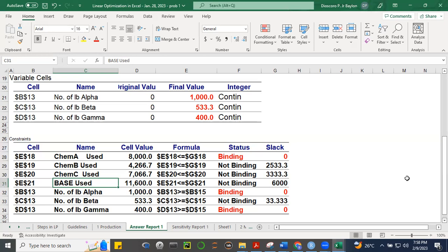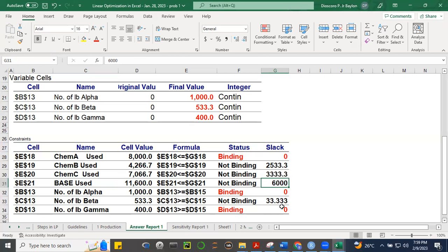So you might, in your suggestion, provide that reason. Okay, but of course may basis, hindi lang bibili ng 1,000 ounces ng base when in fact glaring at our face is the fact that this is a non-binding constraint with a slack of 6,000. In this case, yung mga slack dito as far as these chemicals are concerned, ito yung mga excess, no? Excess.